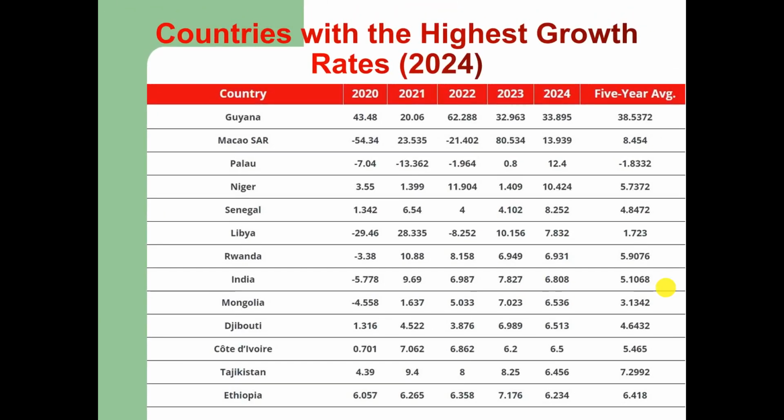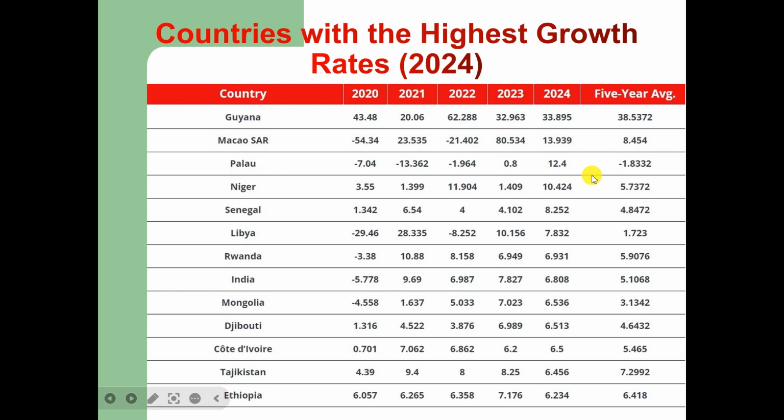There are some countries with the highest growth rate in 2024. So for this country, Guyana, the 5-year average growth rate is 38.53. For Macau, special area, this is 8.45, and for Palau this is negative.